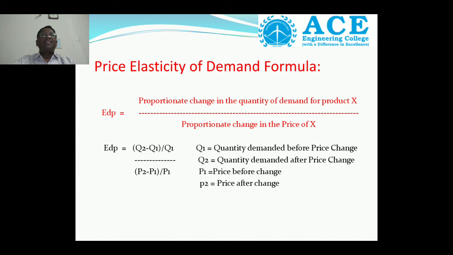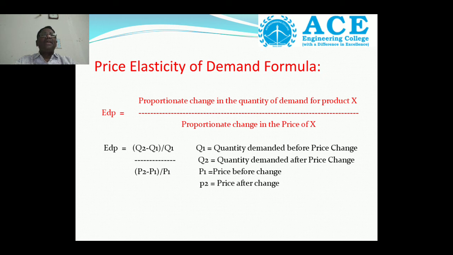It is the proportionate change in the quantity demanded of product X divided by the proportionate change in the price of X. So the numerator is always the demand for product X, and the denominator is always the price of X. Then we can write it as an equation or formula: (Q2 minus Q1) by Q1, divided by (P2 minus P1) by P1.